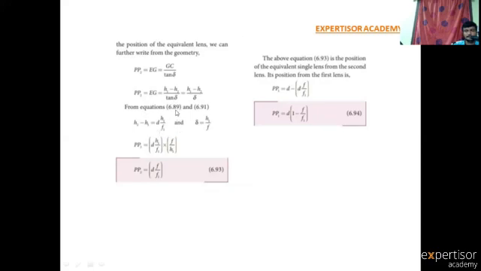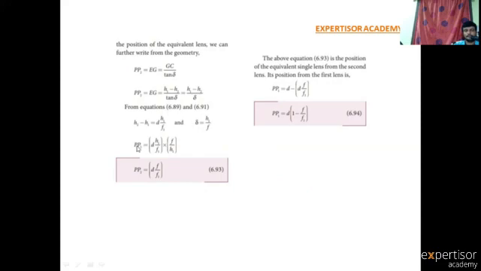From the earlier equations, we get h2 minus h1 equal to d into h1 by f1, and delta is equal to h1 by f.